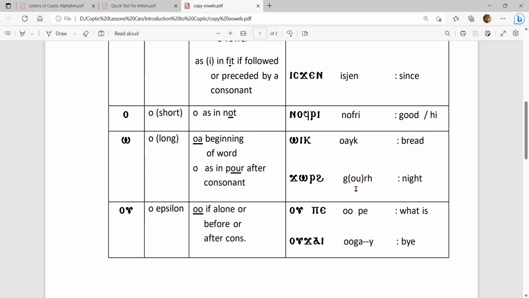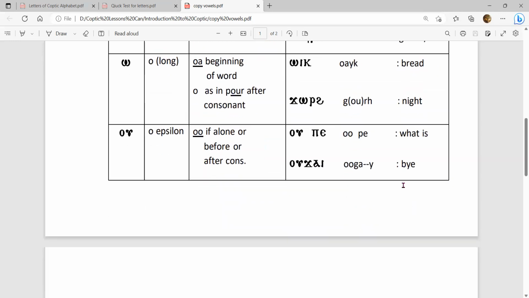So gor, meaning night, 40 days and 40 nights. Nights.